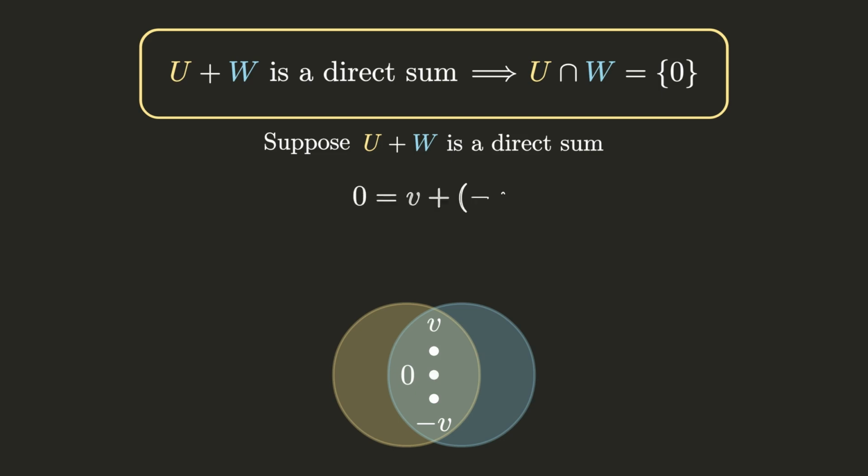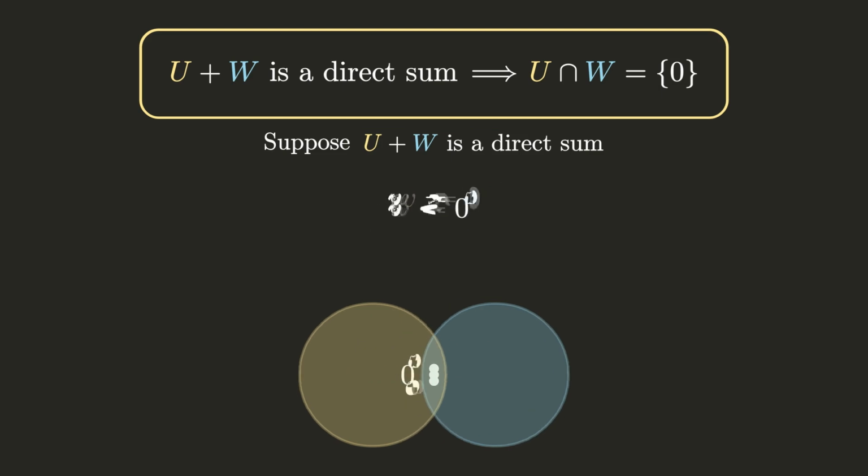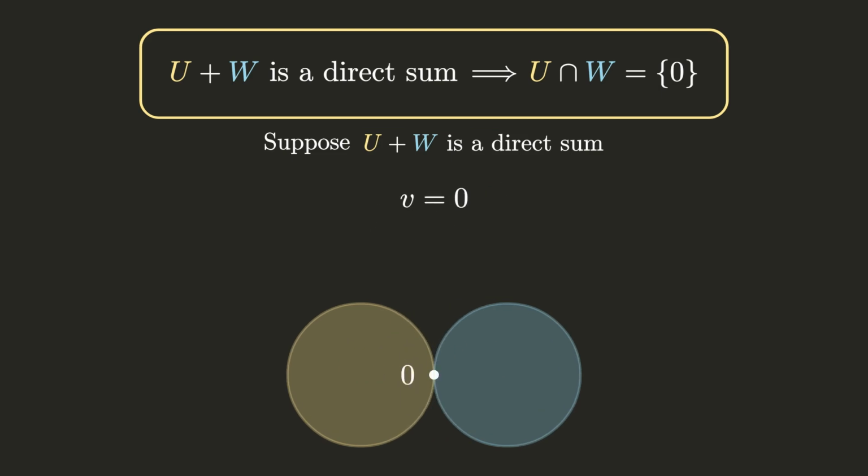Then 0 can be written as v plus minus v, where we see v is taken from U and minus v is taken from W. And we know that 0 plus 0 is another sum equal to 0, since we already assume U plus W is a direct sum. We know that v and minus v must equal 0. Recall that v is just any vector in the intersection, so we've proven the intersection is the 0 set.